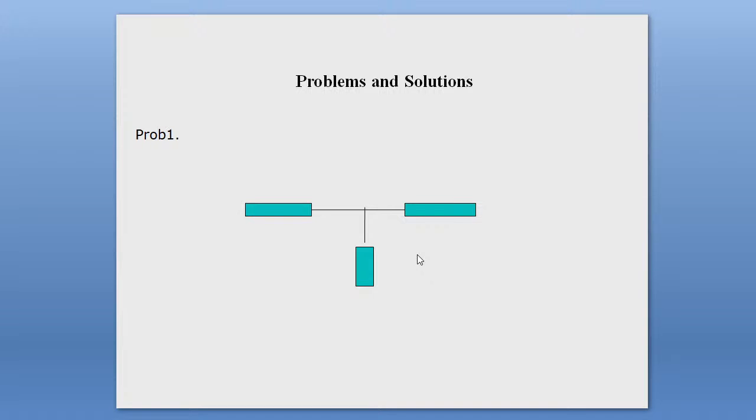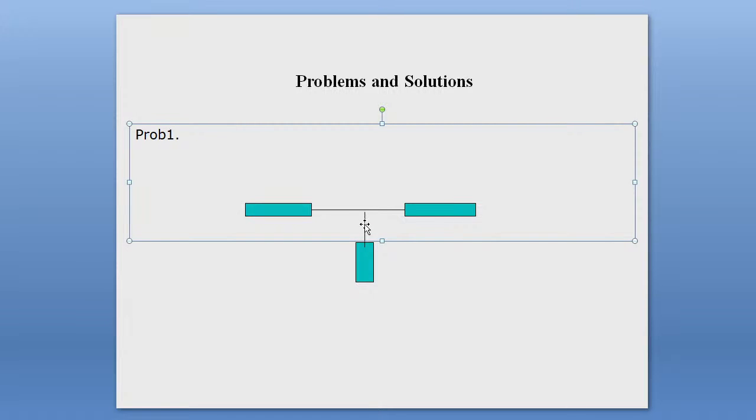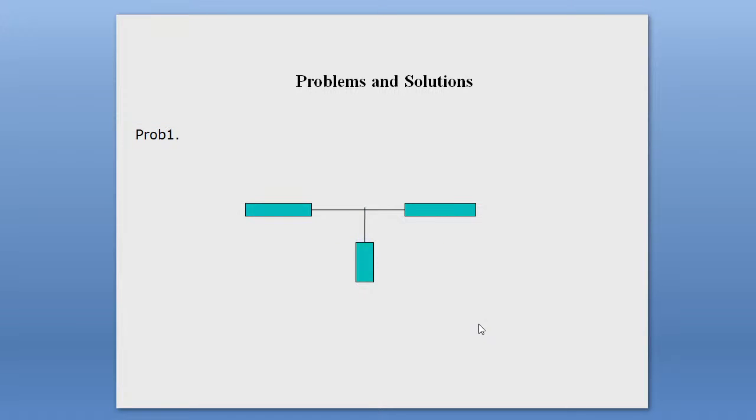Then you have a two-port network. Okay, this is nothing but a two-port network, so that means it has a total of 4 terminals. Everyone draw it yourself, and compare your two-port network with this one.